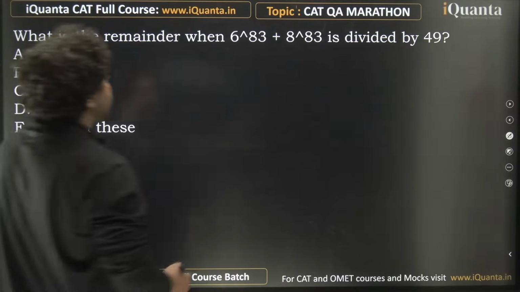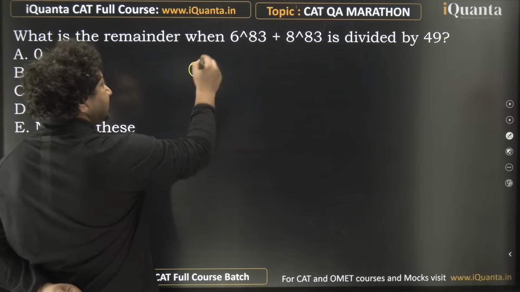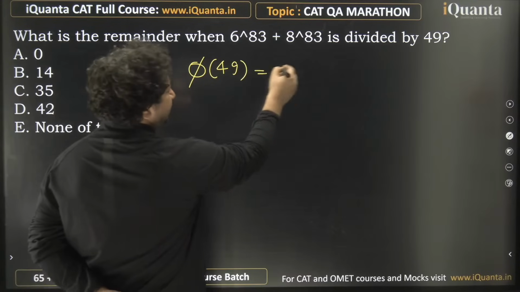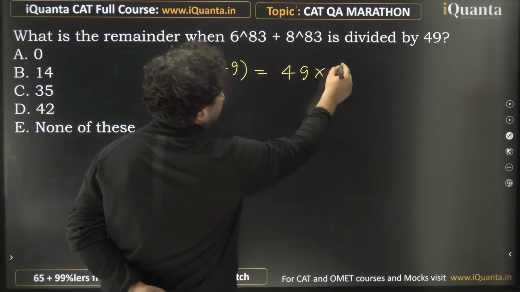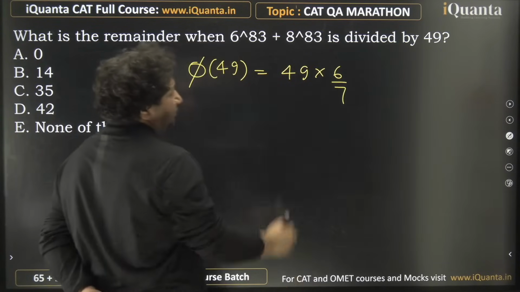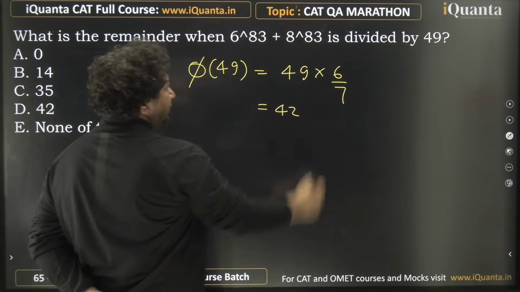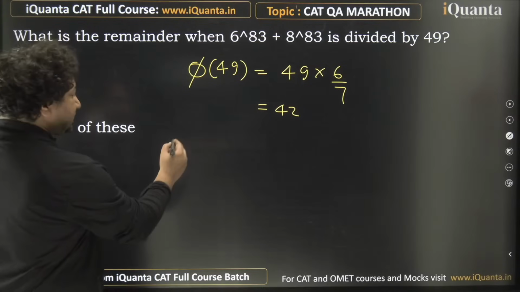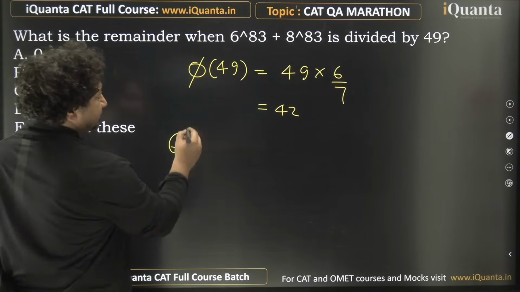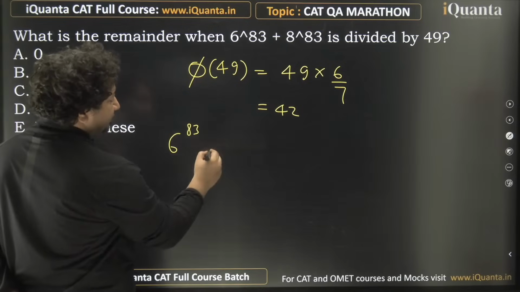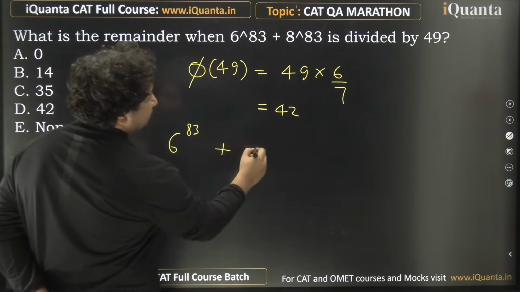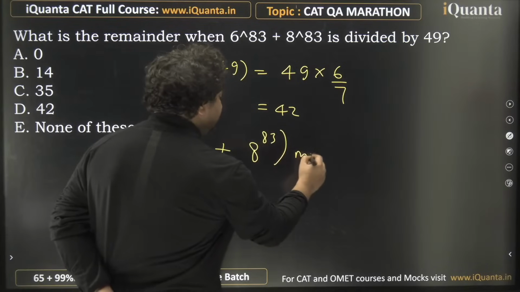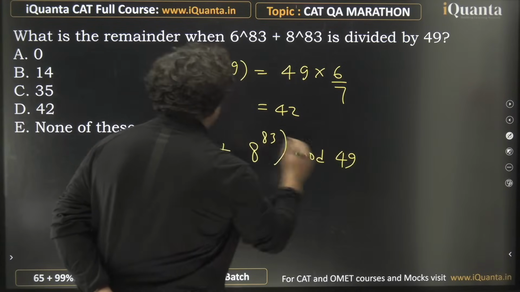Okay, see, what is phi of 49, the Euler's totient? This will be equal to 49 times 6 by 7, which is equal to 42. That means 6 to the power 83 plus 8 to the power 83. If I try to divide by 49, this will be the remainder.